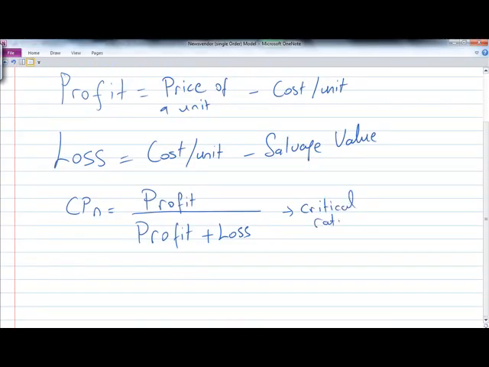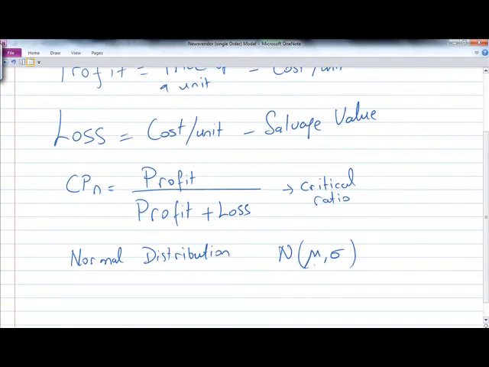Once you know this critical ratio, you can calculate how many newspapers you should buy in the beginning of the day, given that you know the demand distribution for the newspaper. In this class we will be using normal distribution almost for everything, and normal distribution is defined by the mean and standard deviation. We will be given the mean and standard deviation.